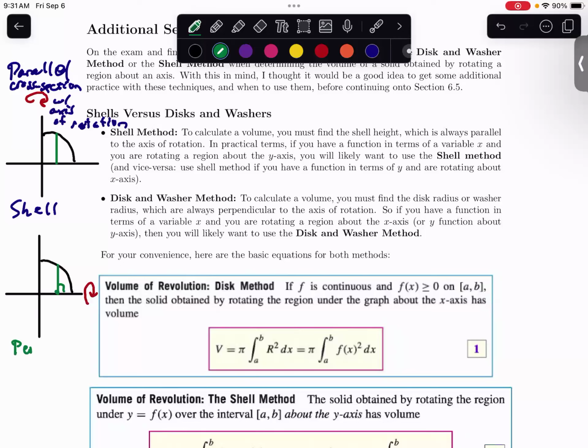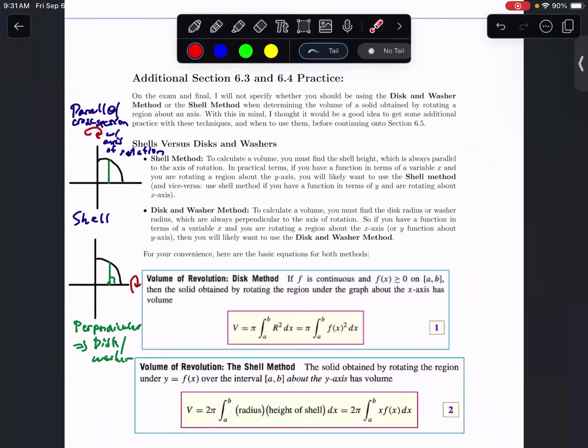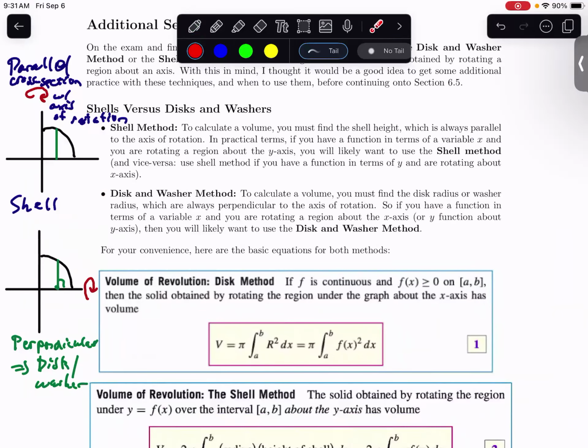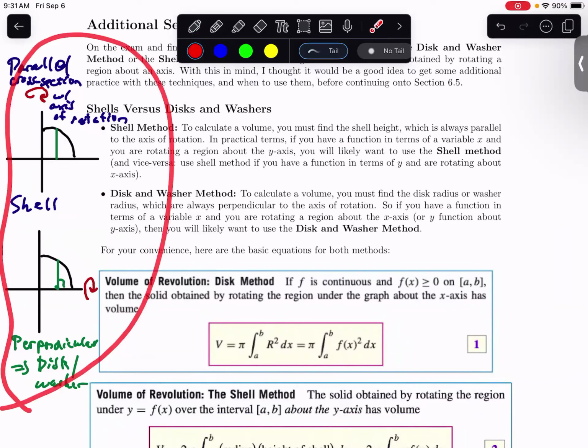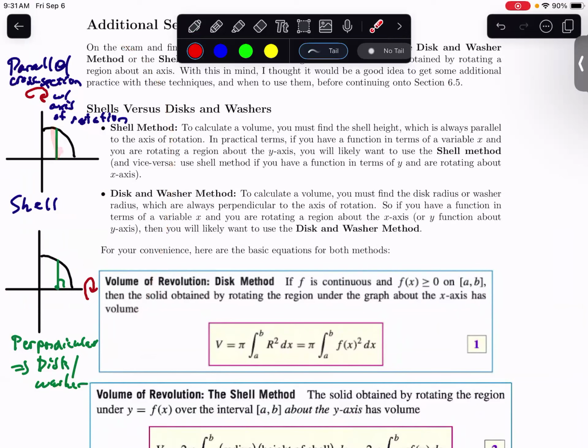So if it's perpendicular, then you want to be using the disk or washer method. That's one way of thinking about things. On the exam, I'm not always going to say use the disk method or use the washer method. You have to determine the best method yourself and then go from there. This is really all you have to know: the relation between the cross section and the axis of rotation, whether they're parallel or perpendicular.